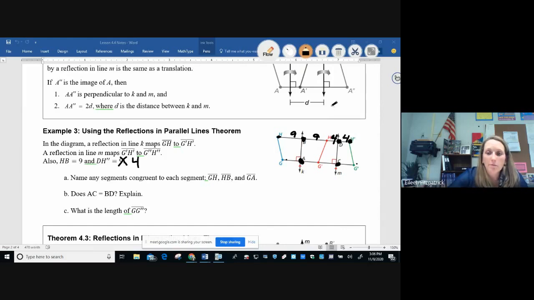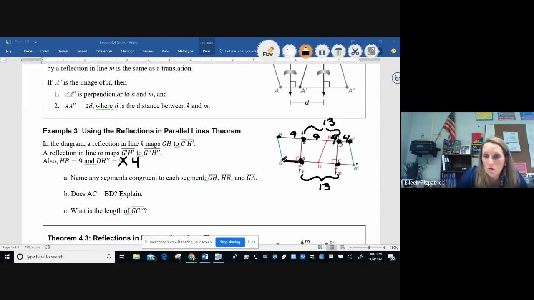Let's look at what we have above for a second, because it's going to help us. We just said from part B that BD is equal to AC. So how long is BD? That's 13 units long, right? So if that's 13 units long, this is 13 units long.